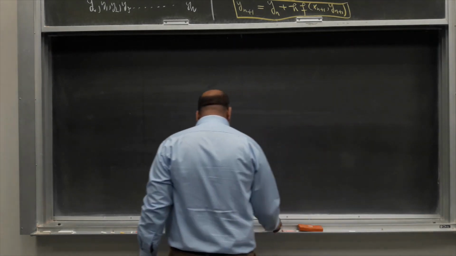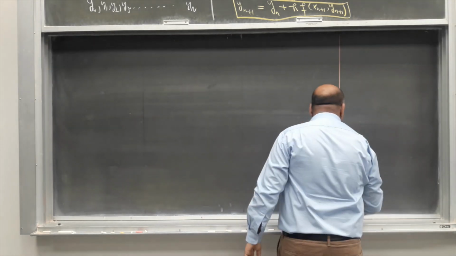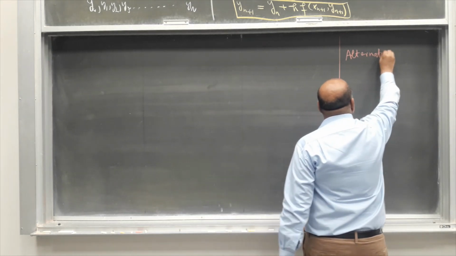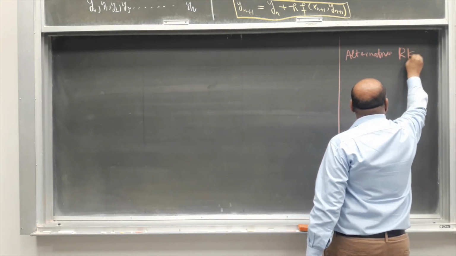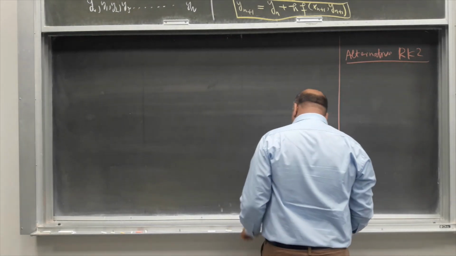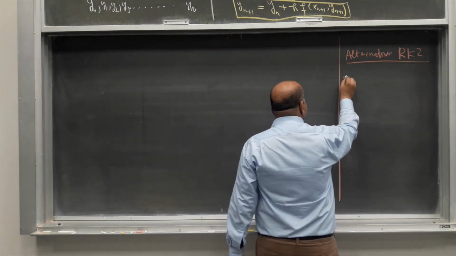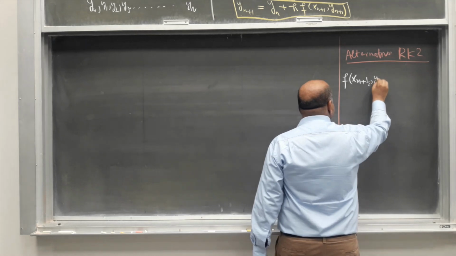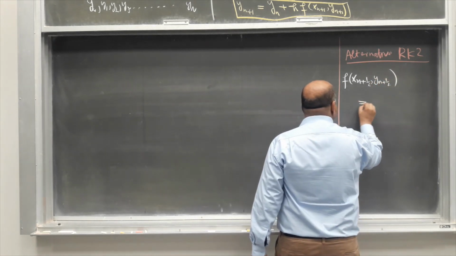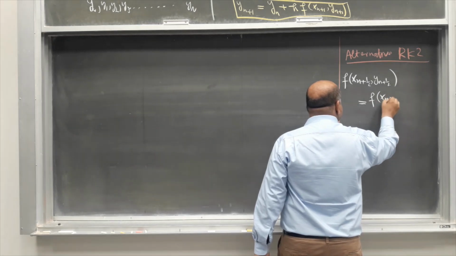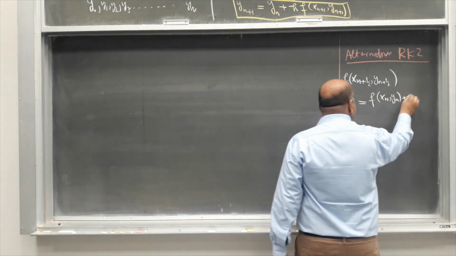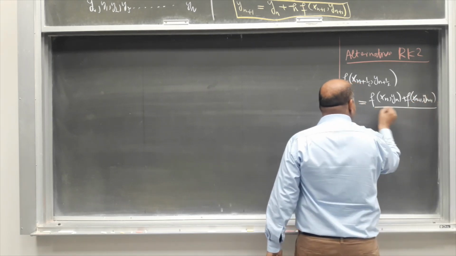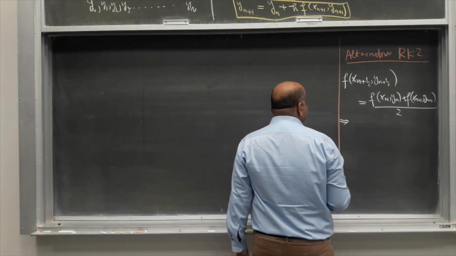So this alternative implementation of RK2: what we do is that we approximate this function at xn plus half, yn plus half by the average of the function at xn, yn and at xn plus 1, yn plus 1, over 2.